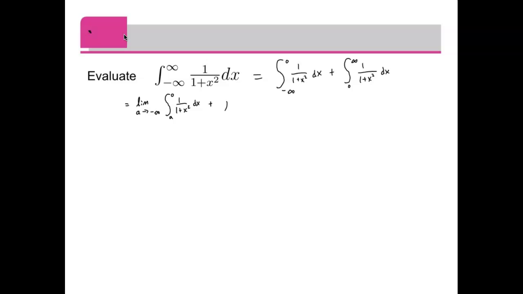Plus, the limit as b approaches positive infinity of the integral from 0 to b of 1 over 1 plus x squared dx.